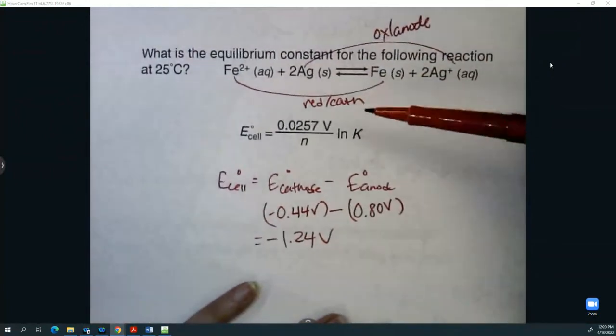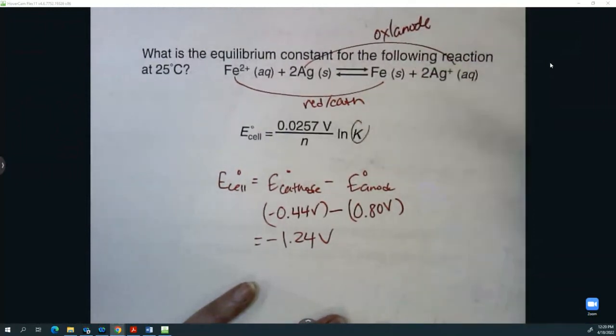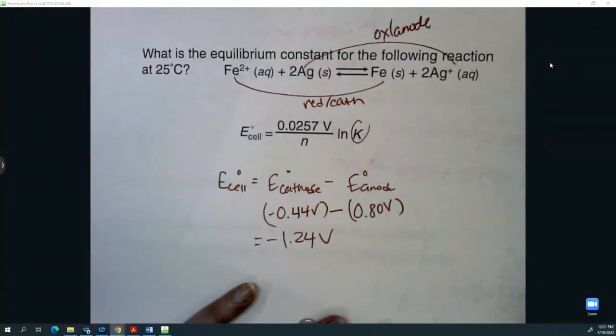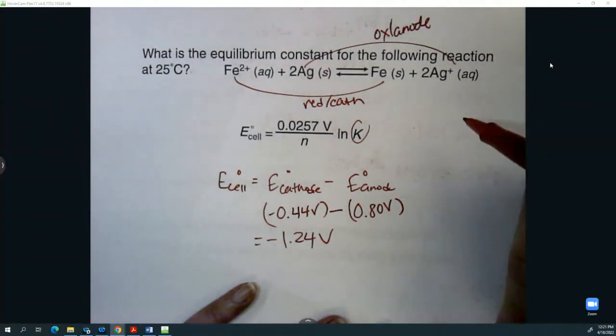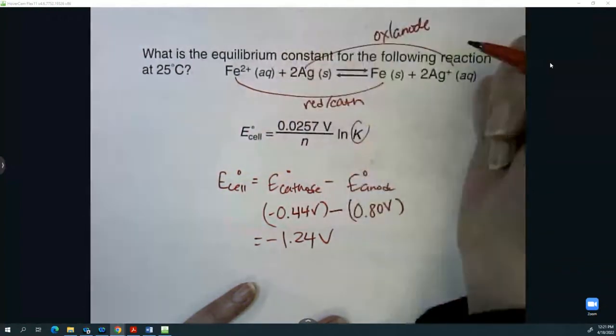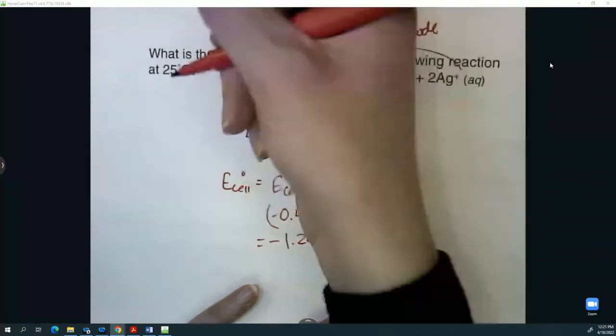All right, so now they give me the equation here. I need to solve for k, right? This is my unknown, and it's inside of a natural log. So I need to get the k out of the natural log by doing the e function, the exponential. But first I have to get it all by itself. So I need to move all these things over. So I'm going to multiply by the reciprocal on both sides.